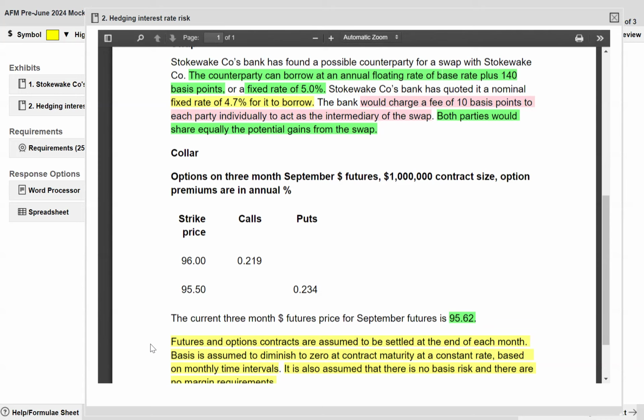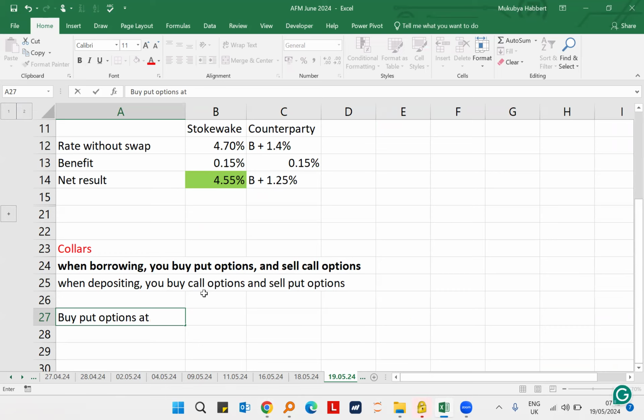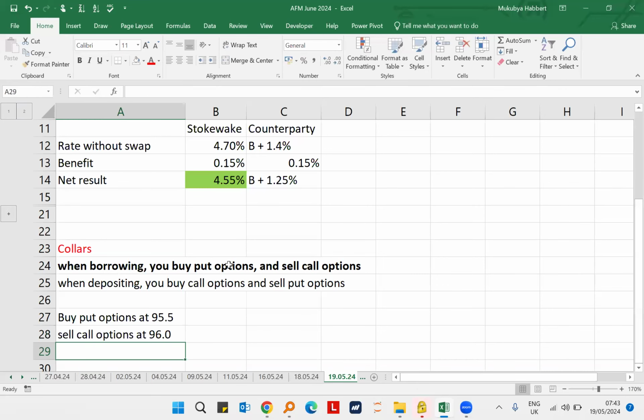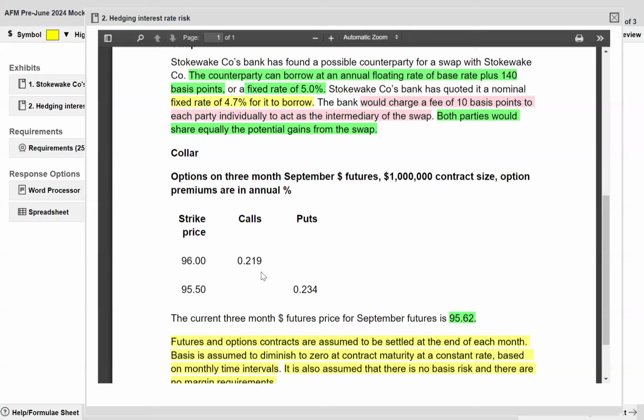So we are going to buy put options, and put options have been put at 96 and at 95.5, and sell call options at 96.0. Now, when we buy options, we shall pay premium of 0.234. And when we sell, we shall receive premium of 0.219. So the difference is what we shall end up paying.